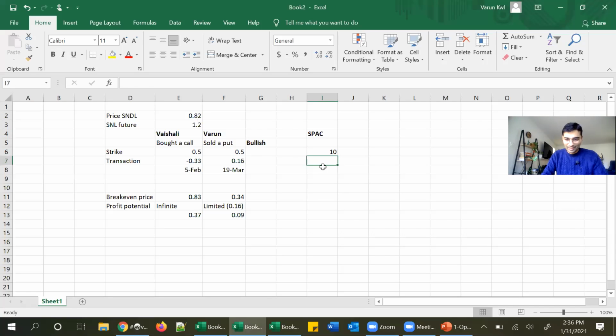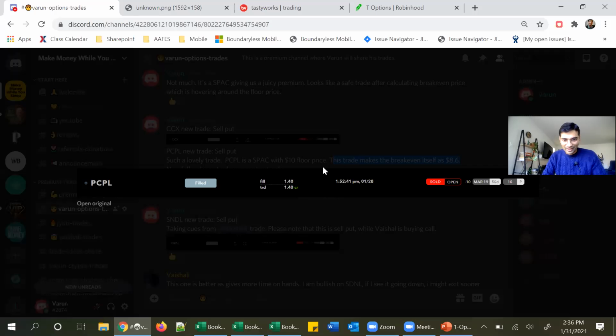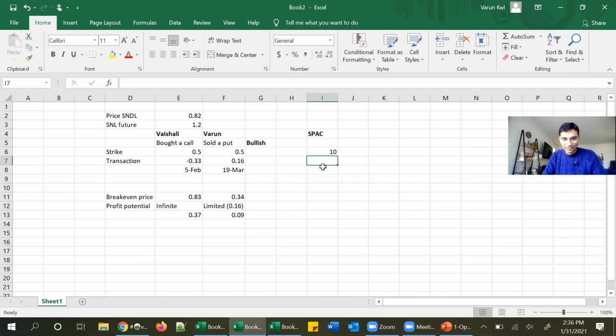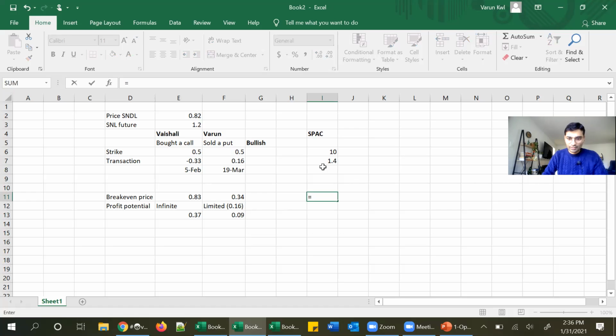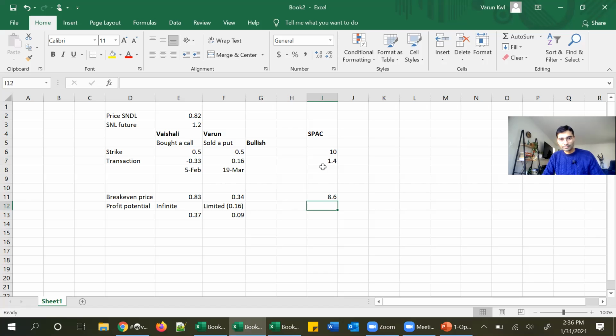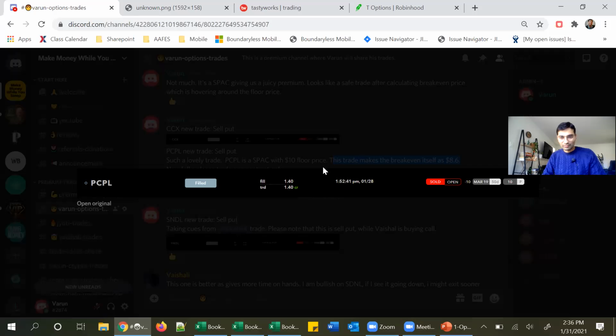In this transaction, I am making 1.40. What is my break-even price? 10 minus 1.40, $8.6. So it's a no-brainer. It will not go below 10. I can actually put way more contracts for this, and by March 19th, all of them should win.